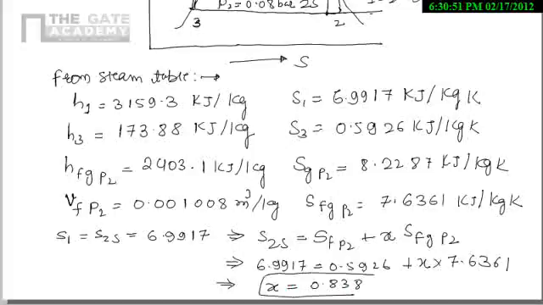So now we have already calculated the quality of steam at state 2s, that is 0.838.